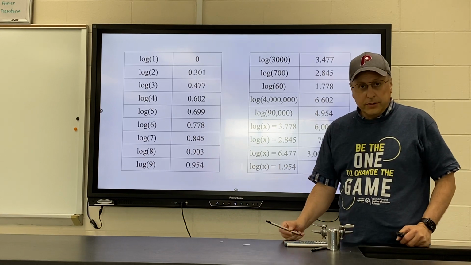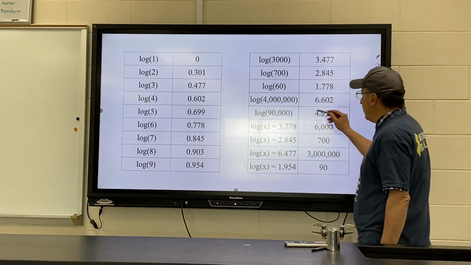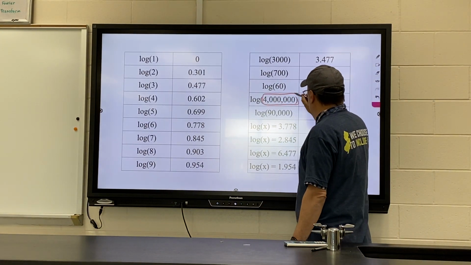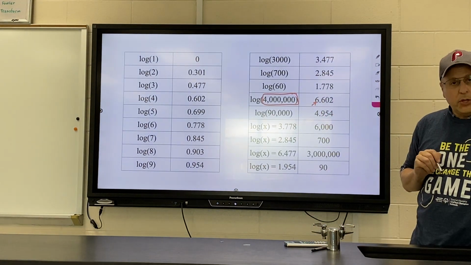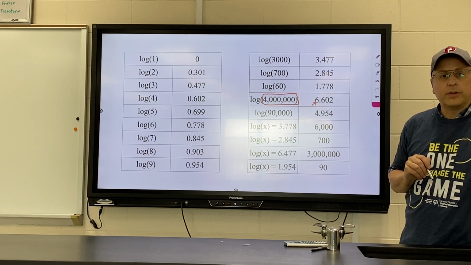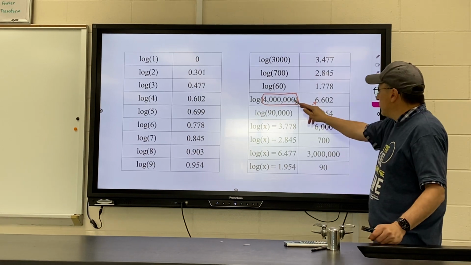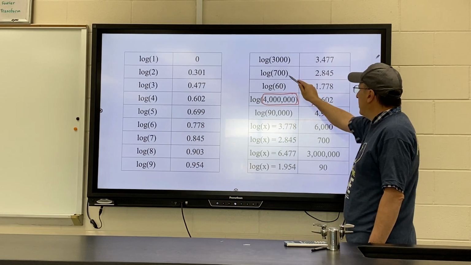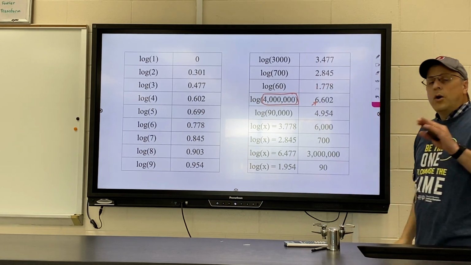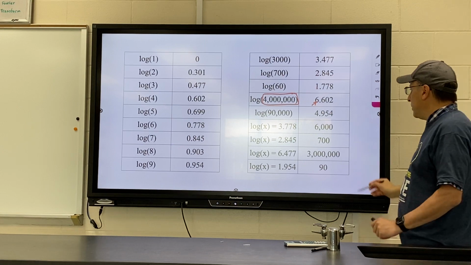Quick reminder, when you're looking at the log of a number like 4 million, the number in front tells you that you're in the millions, or the thousands, or the hundreds. So since we're in the millions, it's 6. Since we're in the tens, it's a 1. Hundreds is 2. That should be very easy to remember.